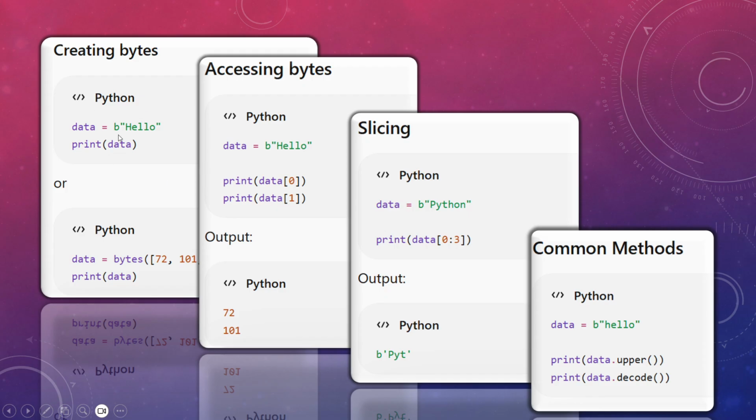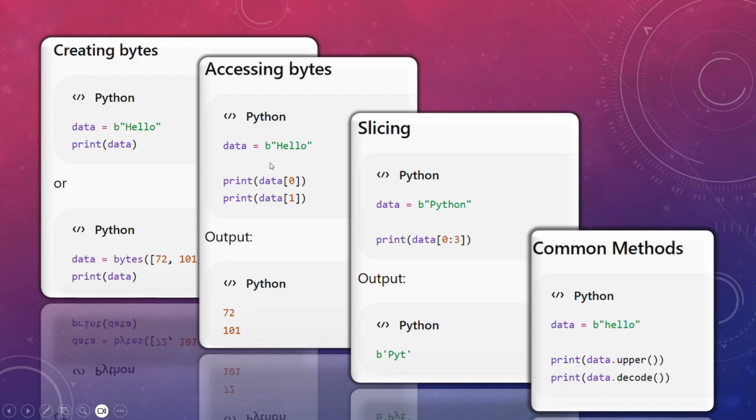How do you create bytes: variables that store byte data. Then accessing: how do you access? print data[0], see here hello, but the output is 72. Why? Because whenever you are accessing, it is the binary representation, byte, right? This is the Unicode value in decimal. By default, Python gives you Unicode in decimal format, okay?